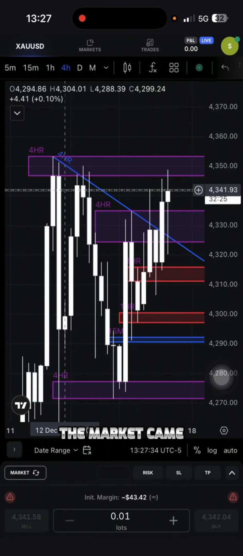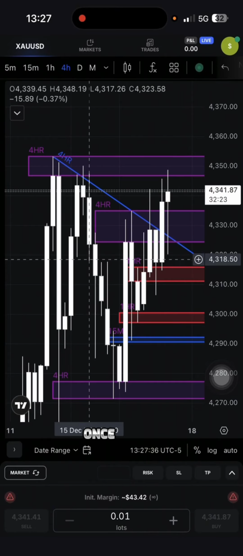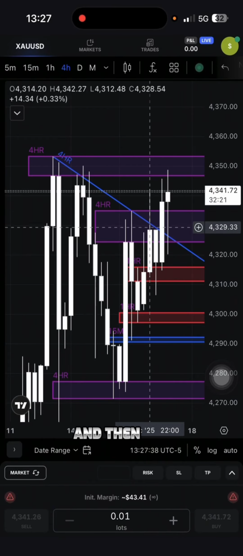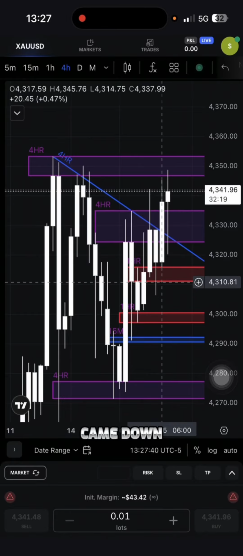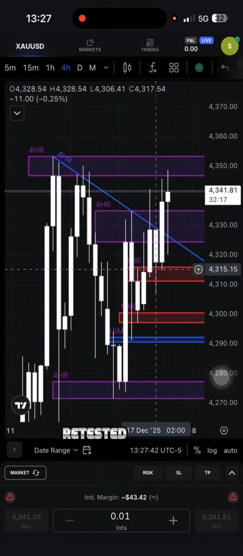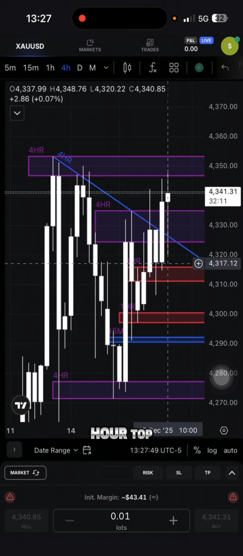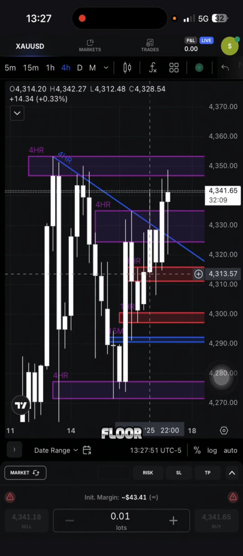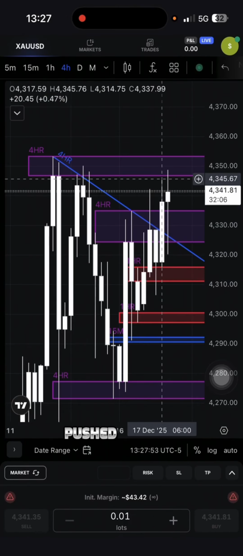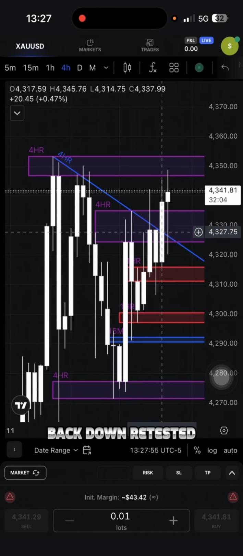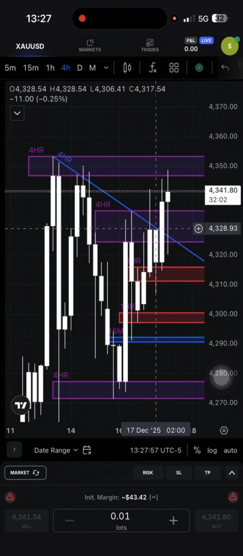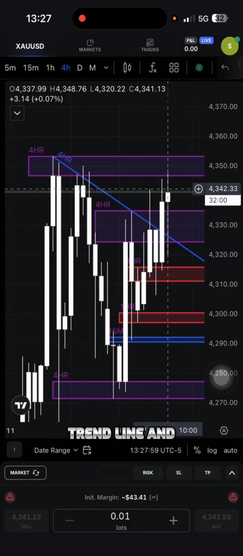The market came, hit it once, twice, and then the third time it came down, retested the old 1 hour high, the old 1 hour top, the ceiling, and made it a floor. And then it pushed up, came back down, retested the trend line, and then kept pushing.